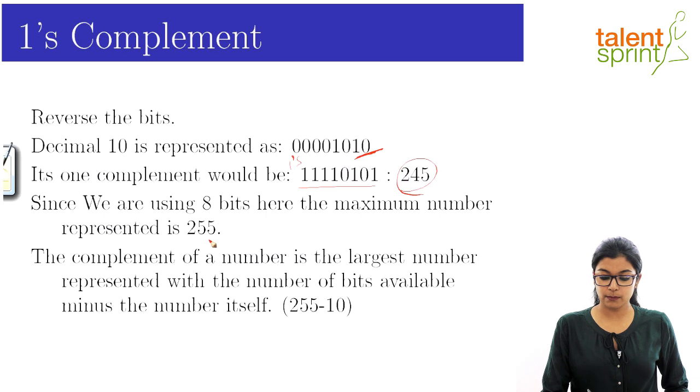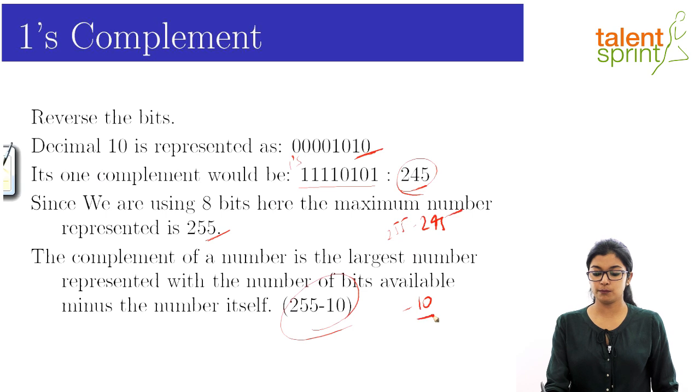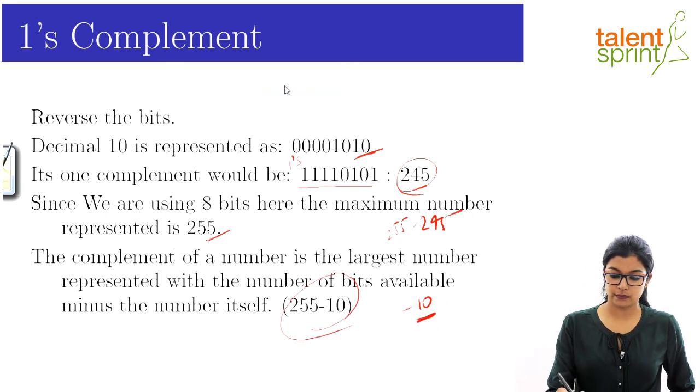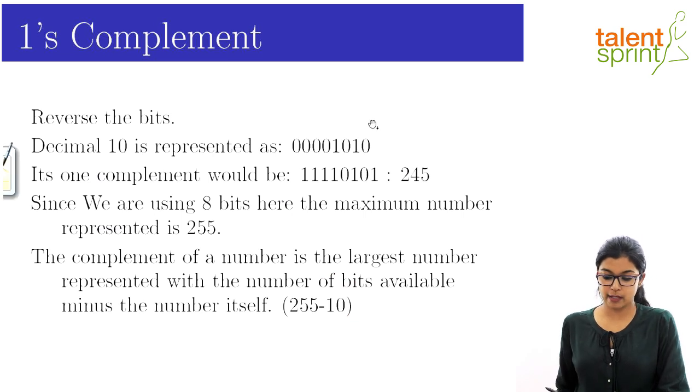Now the maximum number is 255. So 255 minus 245 gives you 10, or ideally say 245 minus 255 gives you minus 10, which is your negative number. You'll understand this more in the next slide where I'll show you an example.